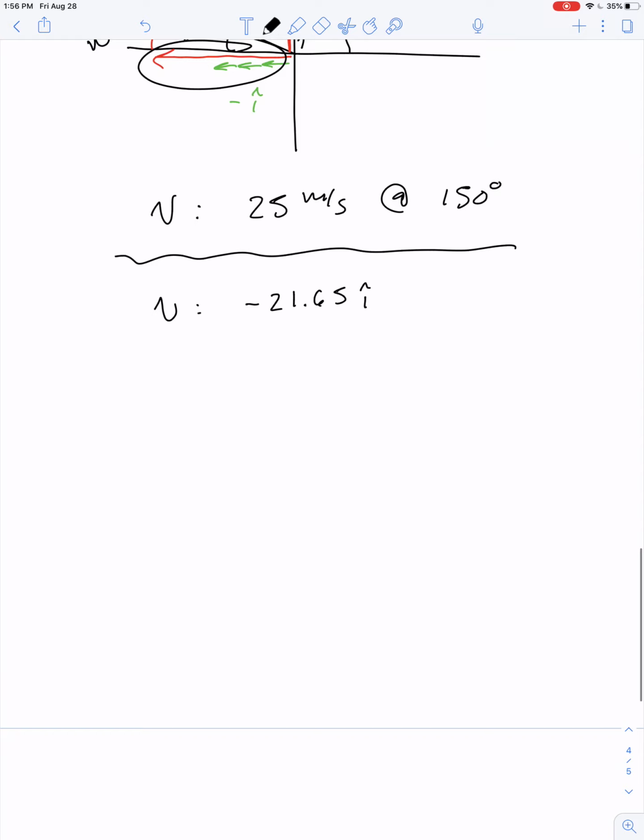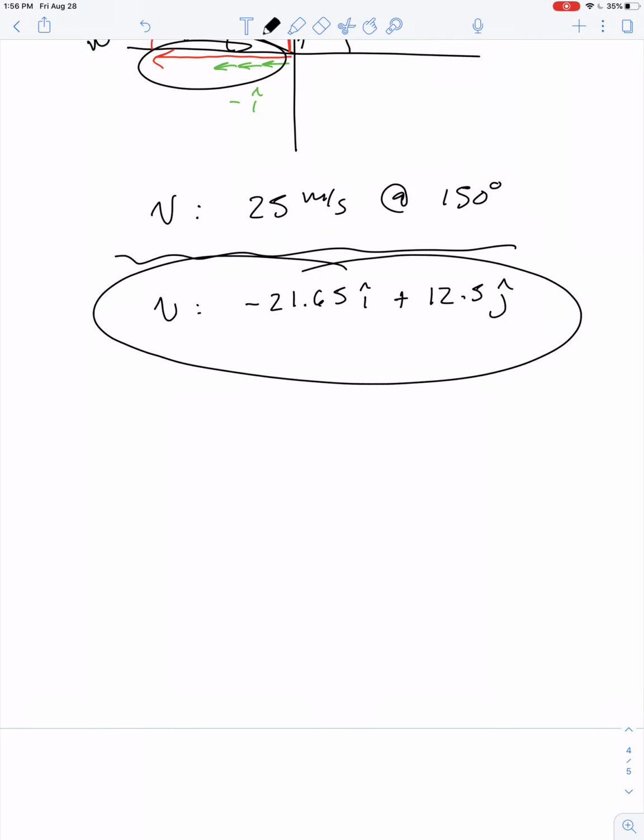So if I add with this 12 and a half j hats, this is a way of giving me the same information. So this is what's meant by putting a vector in unit vector notation as opposed to stating a magnitude along with a direction. Just two ways of saying the same thing.